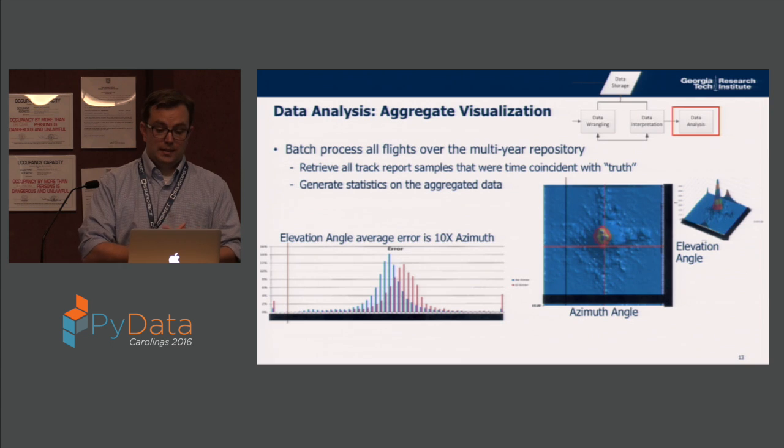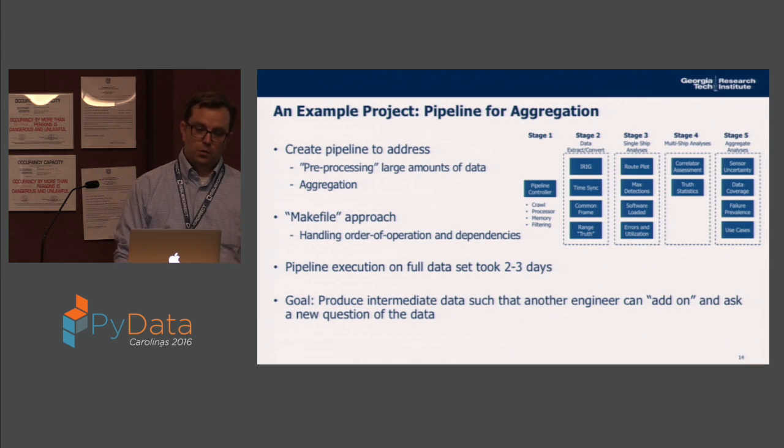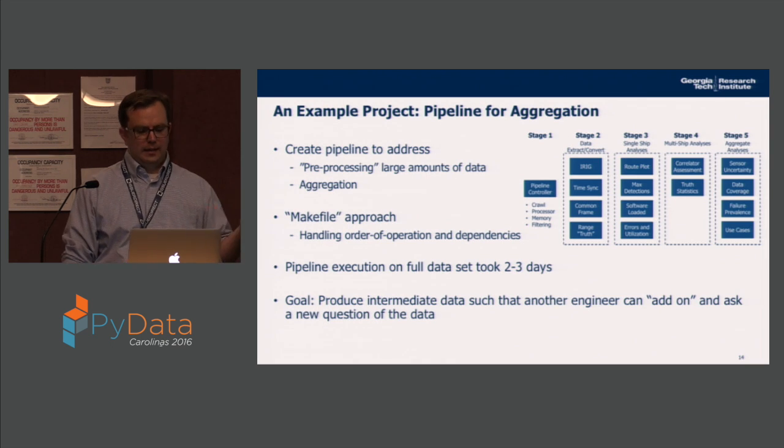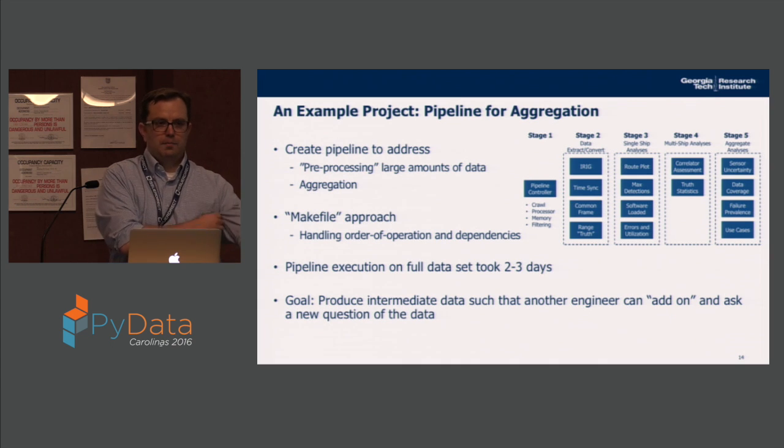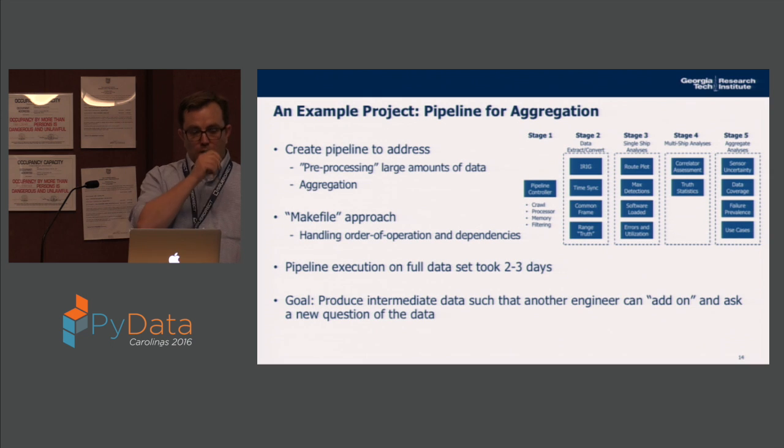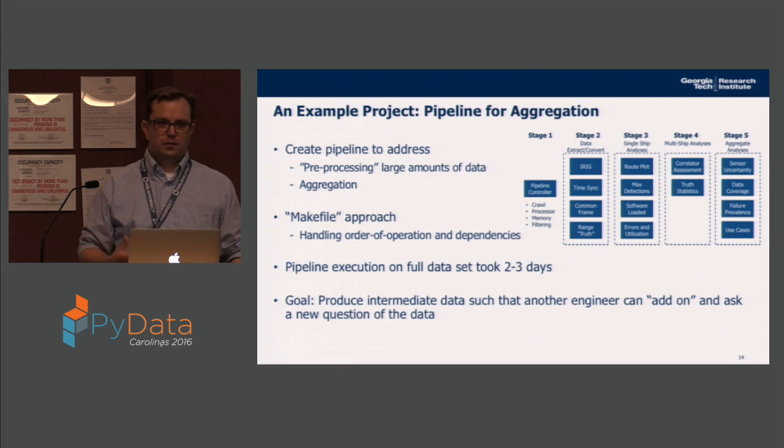Our current process is to cull through lots of intermediate data to then create other data, and it becomes part of this pipeline. This is actually the project that created that. It happened to be one of our larger projects where we ended up creating this pipeline basically through makefiles, which I don't know if people are familiar with, but they are a way that people in the software building world usually handle dependencies.